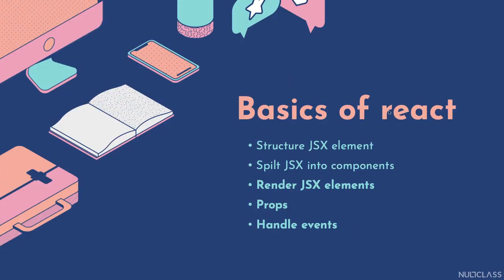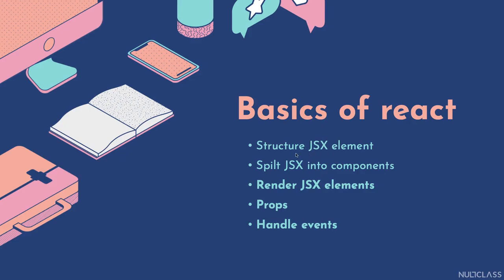The next thing is the basics of React. In the basics, we have structured JSX elements. We need to know what JSX is first. JSX stands for JavaScript extension, which is similar to HTML, but we can create our own JSX by writing a few components.